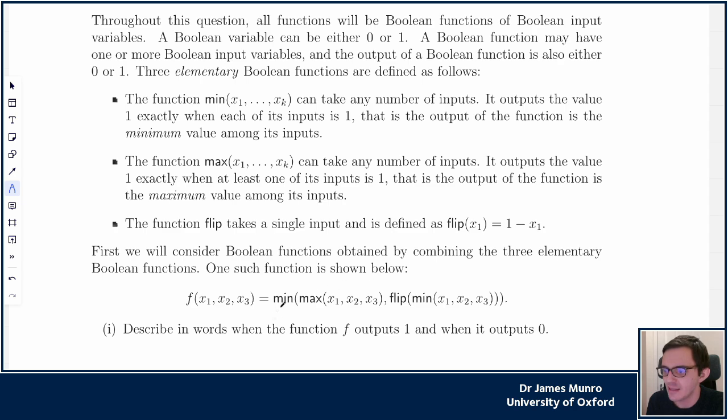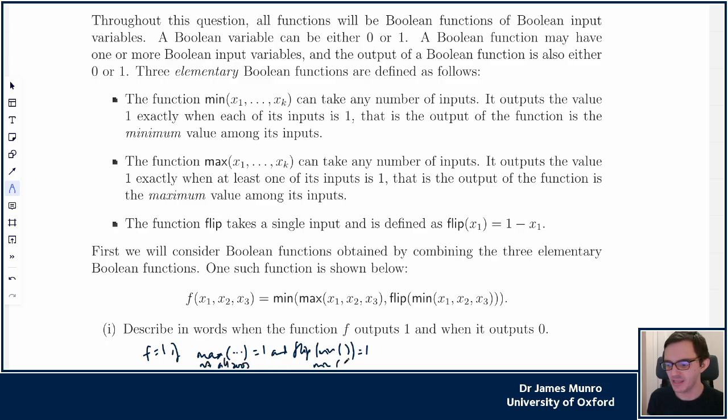When is min equal to, let's say, 1? It's 1 when exactly all of its inputs are 1. So, f is 1 if max of those 3 things is 1 and flip of min is 1. This is not quite in words yet. I'll do it out loud in words in a moment. So I need the maximum to be 1. So that means not all zeros. And I need flip of the min.